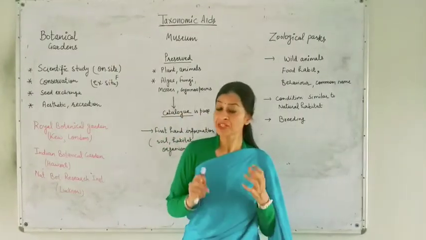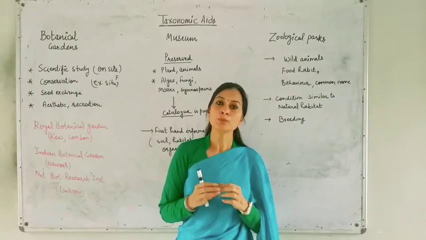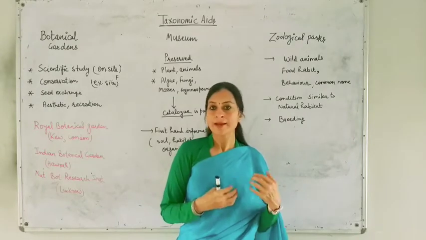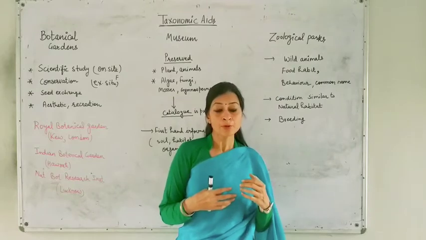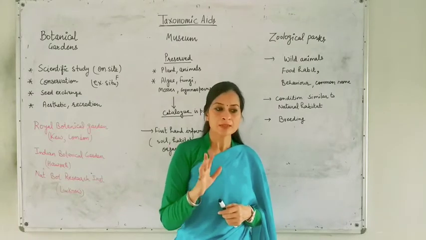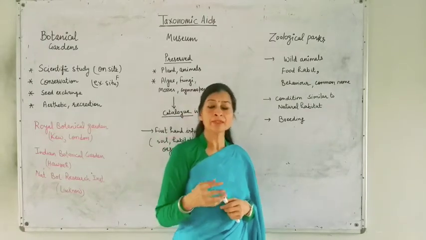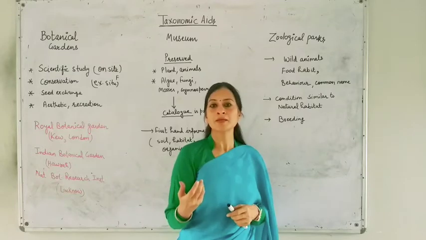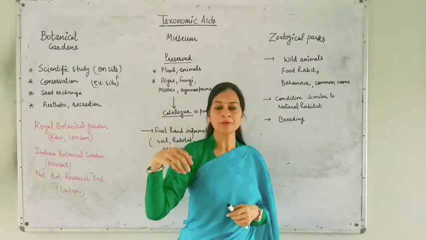So this is the taxonomic aid which harbors a number of varieties of plants and their species. They are living plants, and they require specific care. Sometimes it may happen that the plant is not getting the natural conditions because it is taken from another type of habitat.